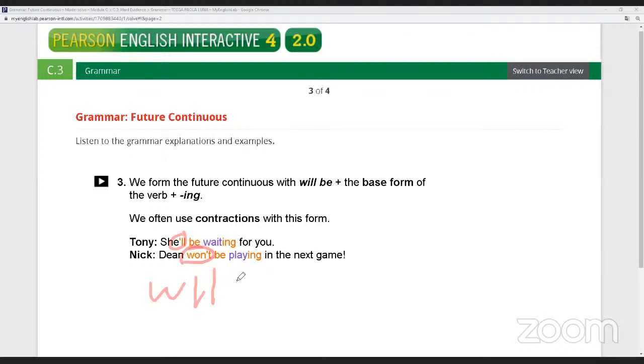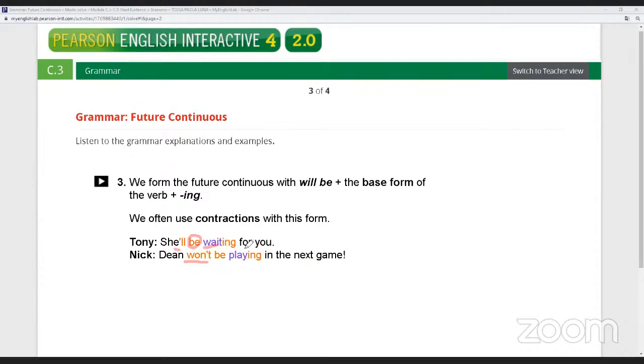I can use the negative will not, or I can use a contraction, won't. So I can modify, right? It's up to you. Remember, we use contractions, she'll or won't. The only verb that's going to stay like that, a stative verb, is going to be the verb be.